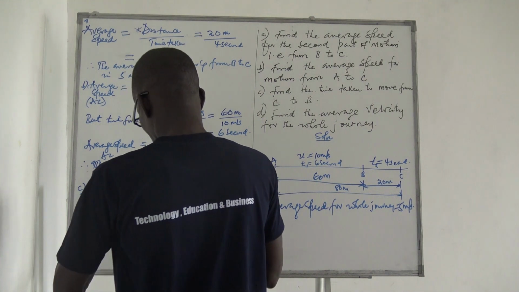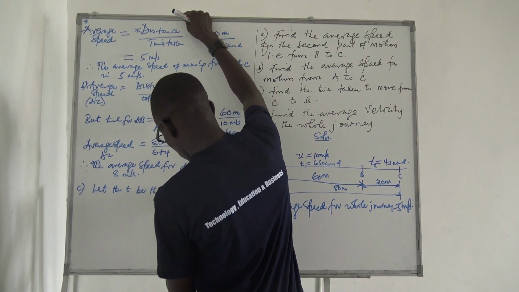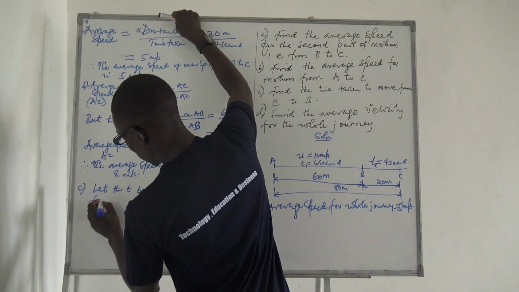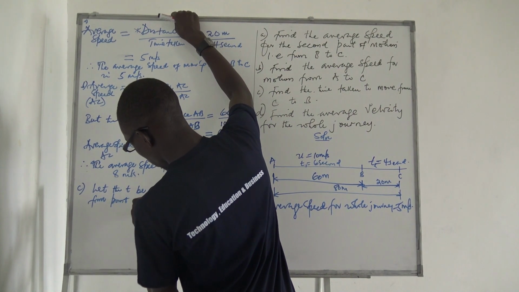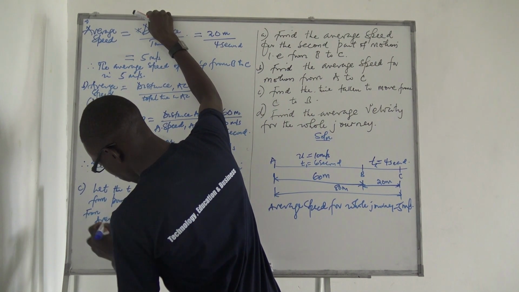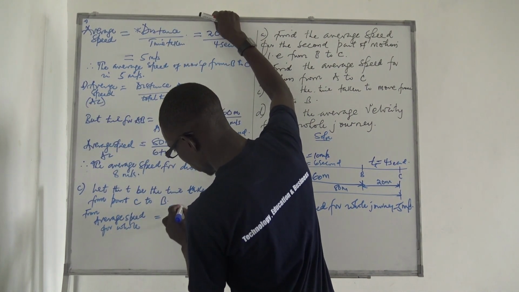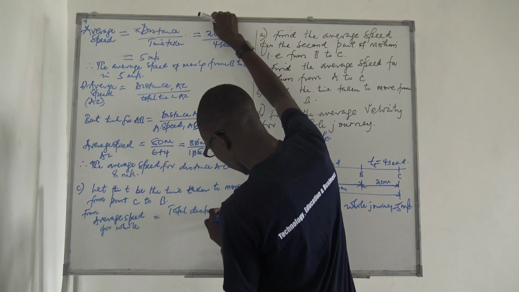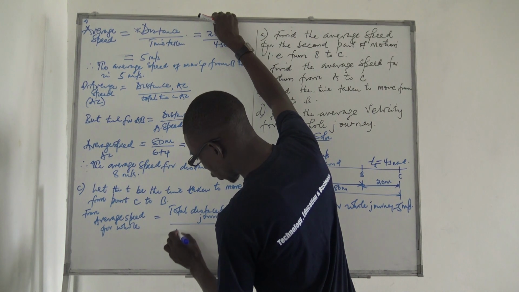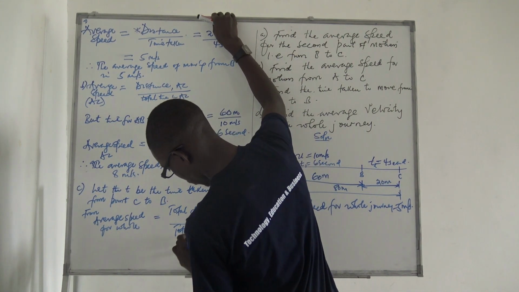And I can now say, let T be the time taken to move from point C to B. From average speed, for all journey will be equal to total distance for all journey, you divide by total time for the whole journey.